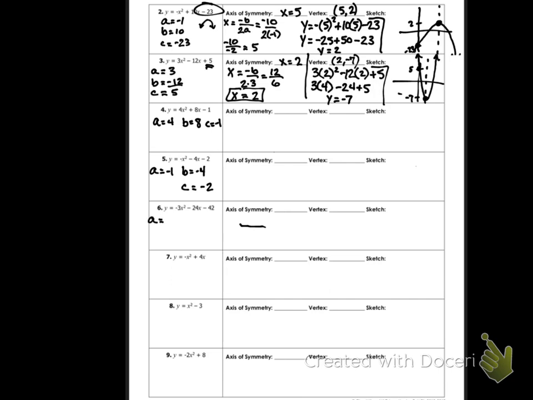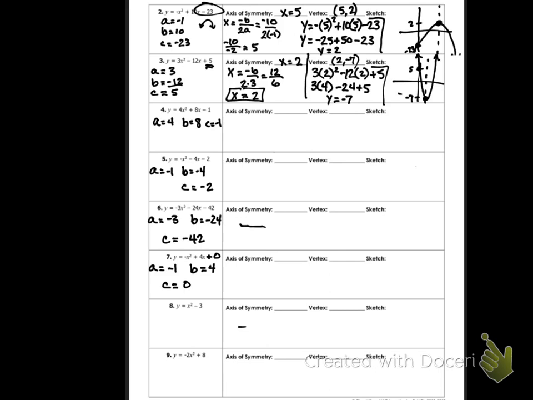On 6, a value is negative 3, b value is negative 24, and the c value is negative 42. Number 7 is a little bit tricky. It doesn't have anything on the end, so it's negative x squared plus 4x plus 0, really. So the a value is negative 1, b value is 4, and your c value is 0.